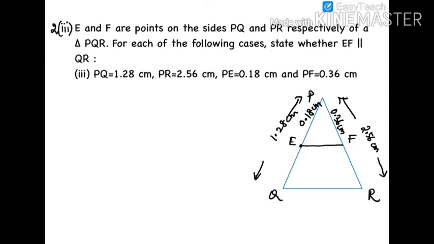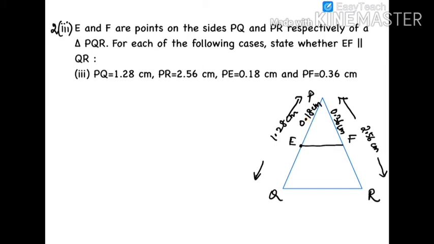So again, to check whether EF is parallel to QR, we will have to find the ratios PE upon EQ and PF upon FR and see whether they are equal or not. But we are given complete length of PQ. So one way is to find EQ by subtracting these two numbers.